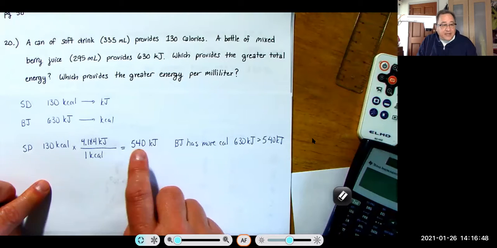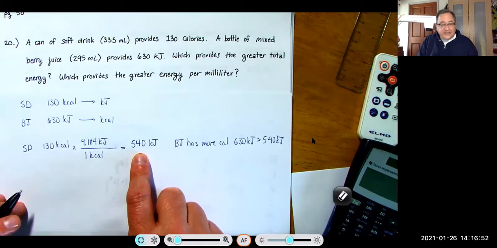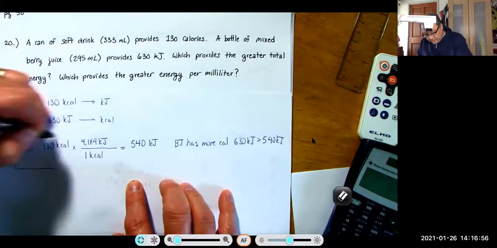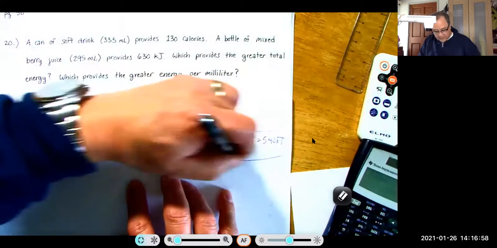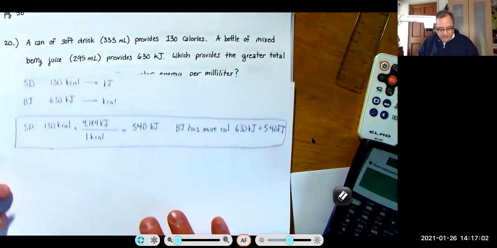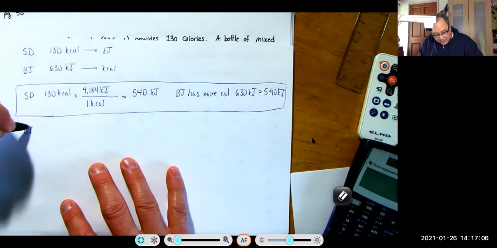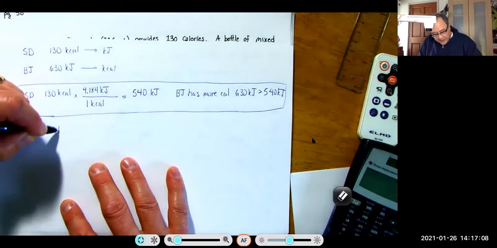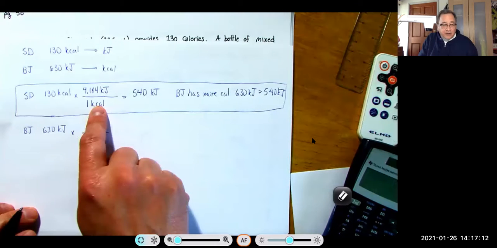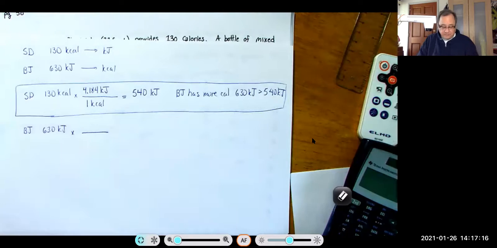If you do this calculation and you don't tell me which has a greater amount of energy, you didn't finish the problem. So there's a great answer. Now let's work from the berry juice and the 630 kilojoules, and we're going to multiply by the same conversion, but the proper way. When you're done, let me know.